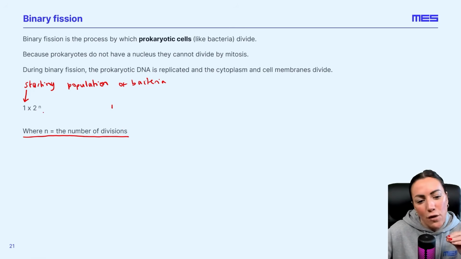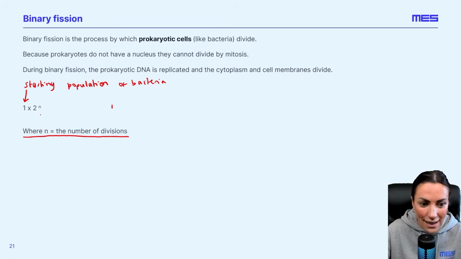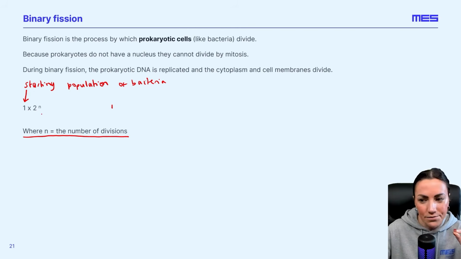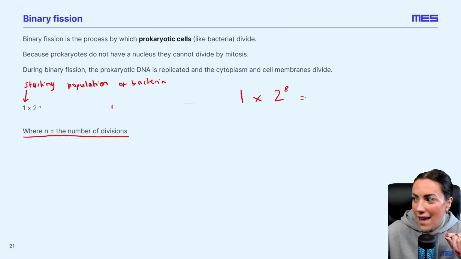And the reason we use this formula is every time the bacterial cell divides, it's doubling. It's going from 1 to 2, 2 to 4, 4 to 8, 8 to 16. So we're doubling the number each time. So for example, if you start with 1 bacterial cell and the examiner wants to know how many bacterial cells would be present after 8 divisions, you do 1, because your starting population is just 1 bacterium, and you'd multiply it by 2 to the power of 8.